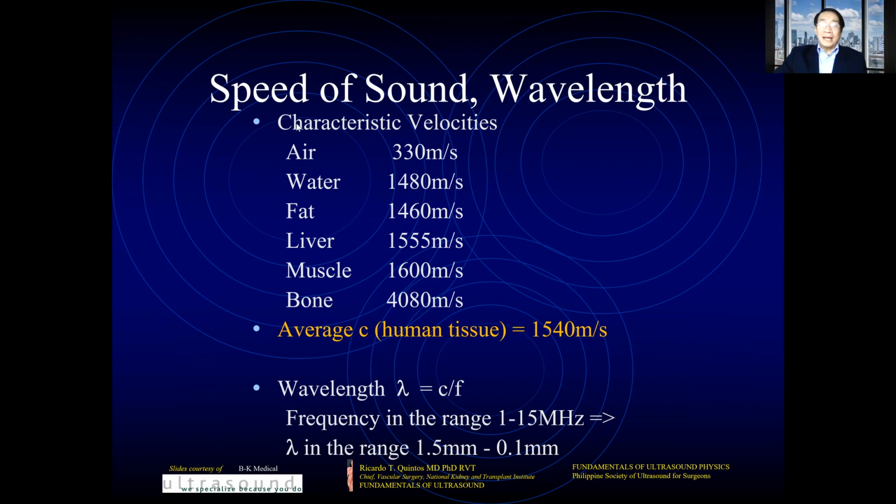So basically, the speed of sound affects the wavelength, because we did say that the wavelength is equal to the propagation speed divided by the frequency. And the speed of sound is affected by the medium in which it passes.